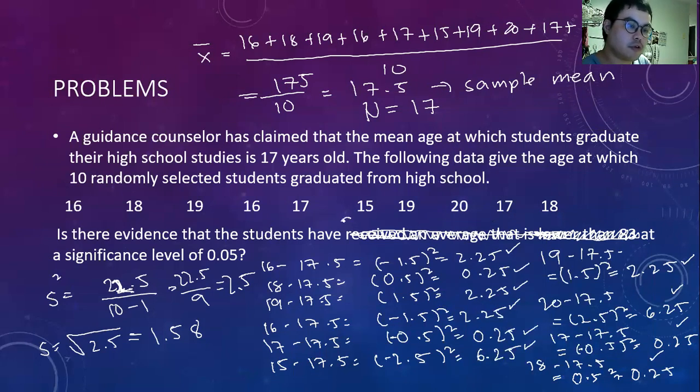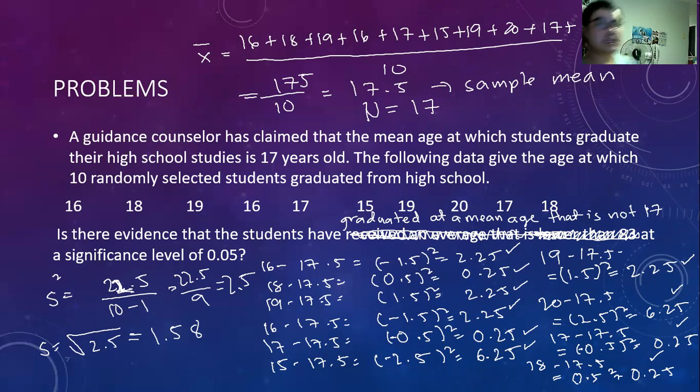Students have graduated at a mean age that is not 17. So we're trying to claim that the students have graduated high school at an age which is not 17.